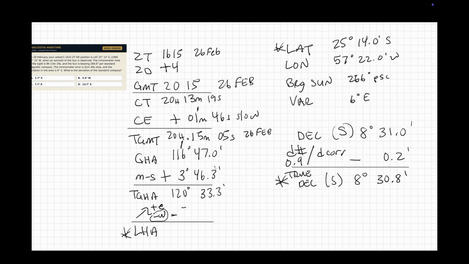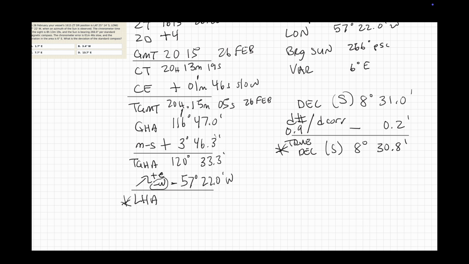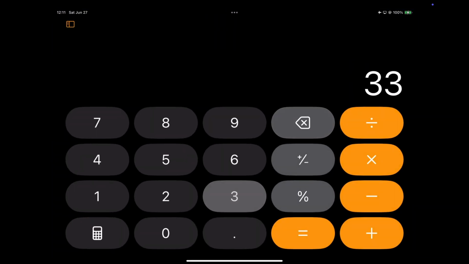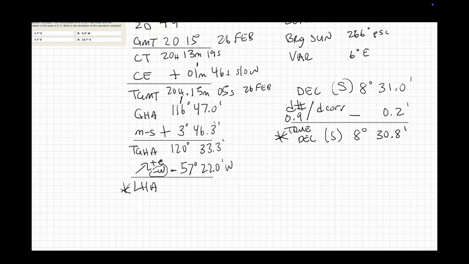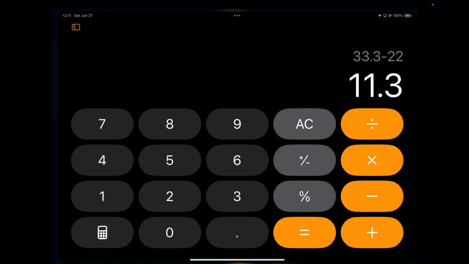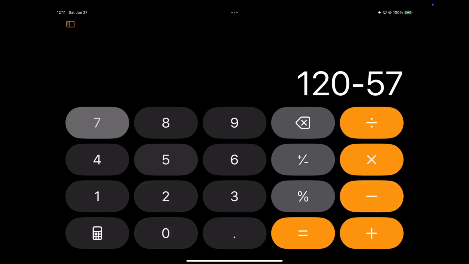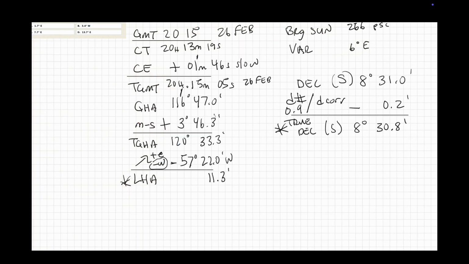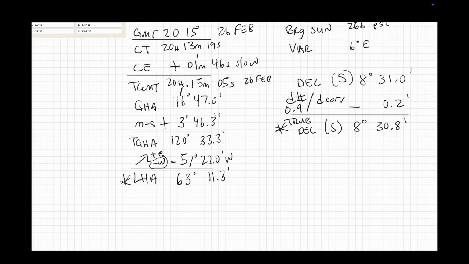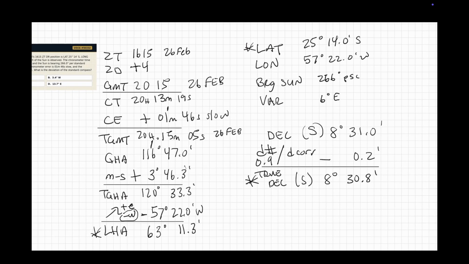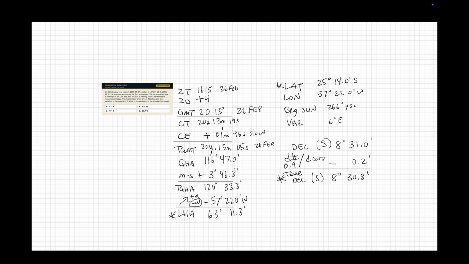My longitude is 57 degrees, 22 minutes west, and I'm subtracting that. 33.3 minutes minus 22 minutes equals 11.3 minutes. 120 degrees minus 57 degrees is 63 degrees. So I got my LHA, I got my latitude, and I have my declination.